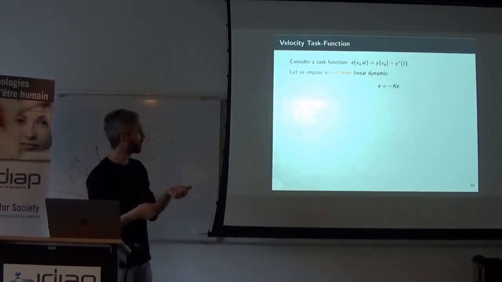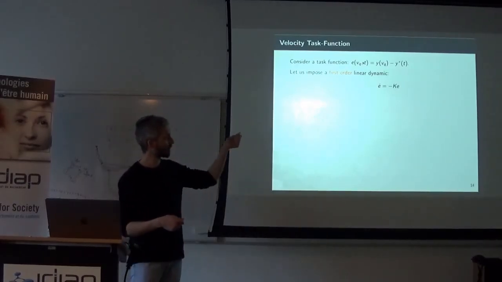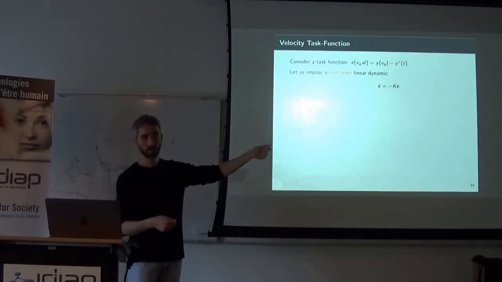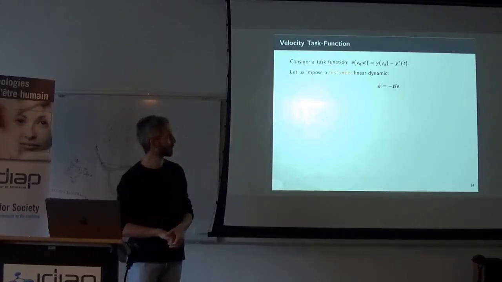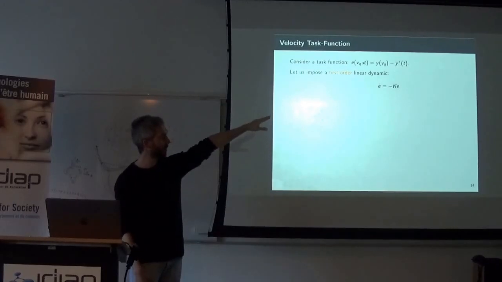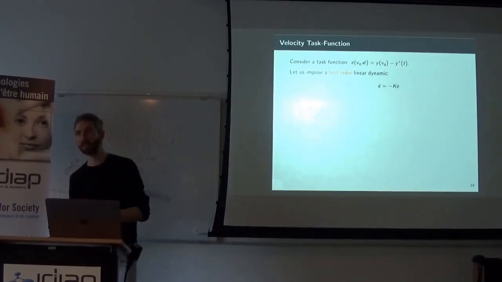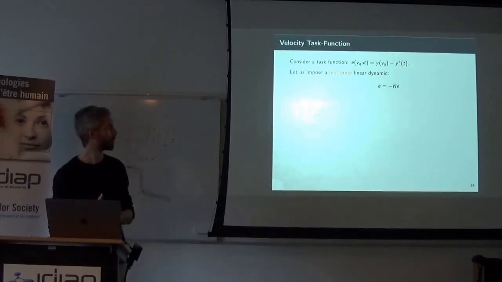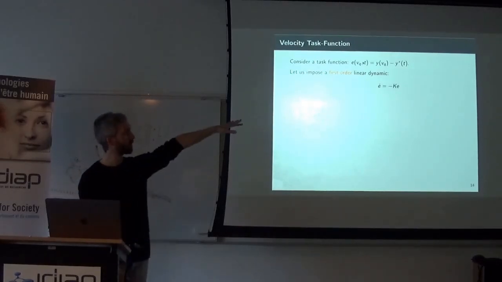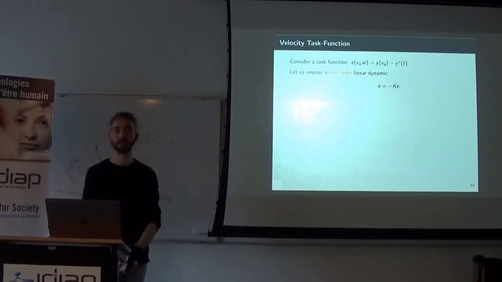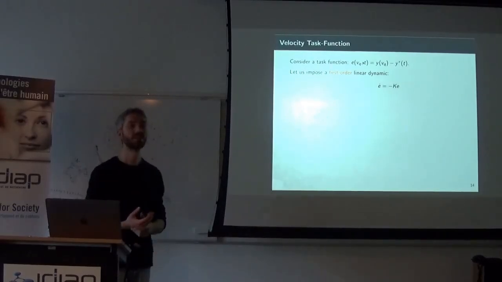What we can do is impose a first order linear dynamics for this error function. It's as simple as that: e dot equals minus k e. And if you're a bit familiar with linear dynamical systems, you can recognize that if k is positive, this is a stable dynamical system.